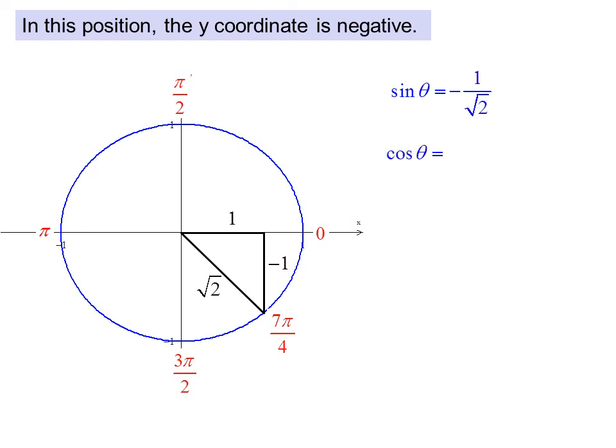Cosine of theta is 1 over radical 2. Tangent theta is -1. Secant theta is radical 2. Remember, 1 over cosine. Cosecant theta is negative radical 2. And cotangent theta is -1.